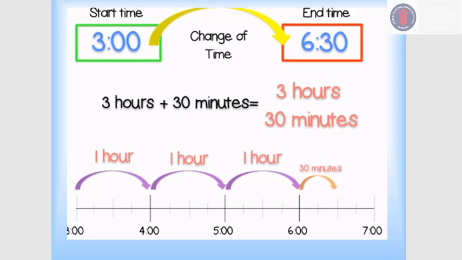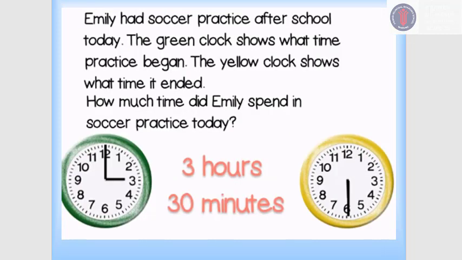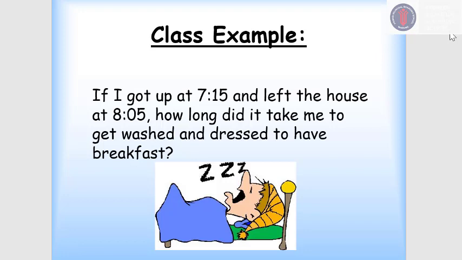So the answer to our question, how much time did Emily spend in soccer practice today? If we start at 3 o'clock and end at 6:30, it is 3 hours and 30 minutes.